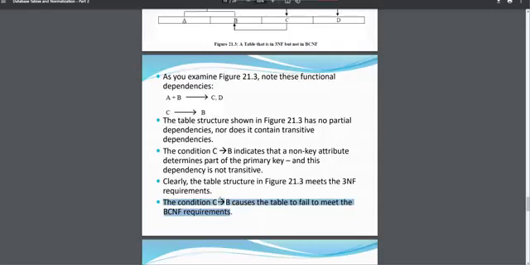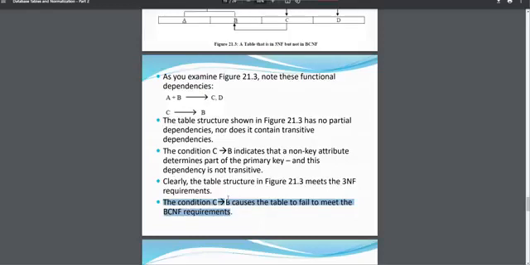You know that every normal form has requirements. In first normal form, there can't be repetitive things or empty things. In second normal form, there can't be partial dependencies anymore. In third normal form, there can't be transitive dependencies either.